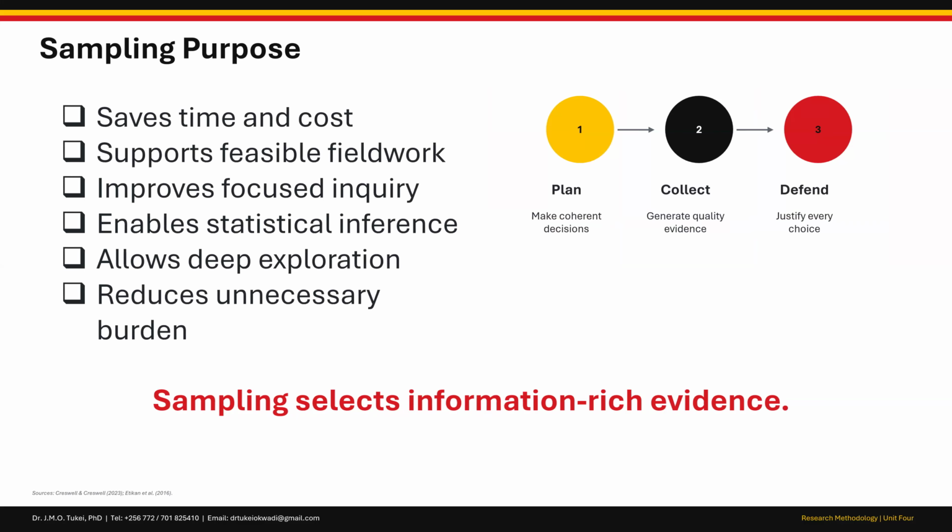So colleagues, we are looking at sampling. And we're saying sampling is the process of selecting a meaningful number of units from a larger population. Sampling allows the researcher to collect data efficiently while still making meaningful conclusions.